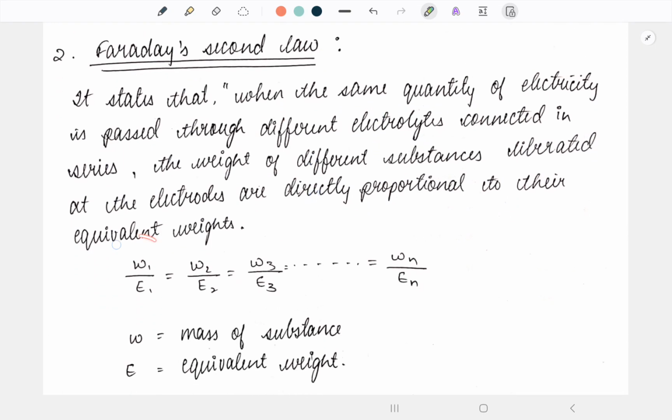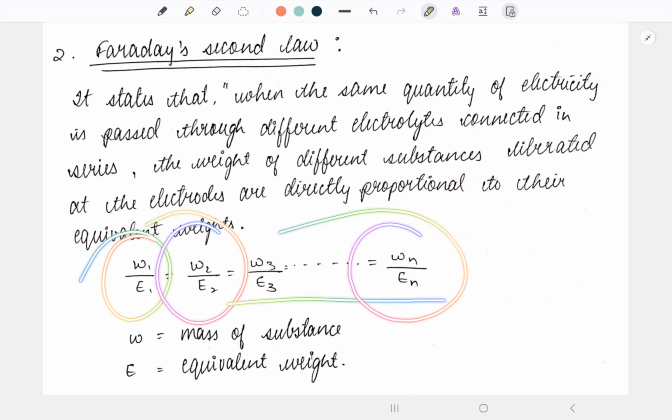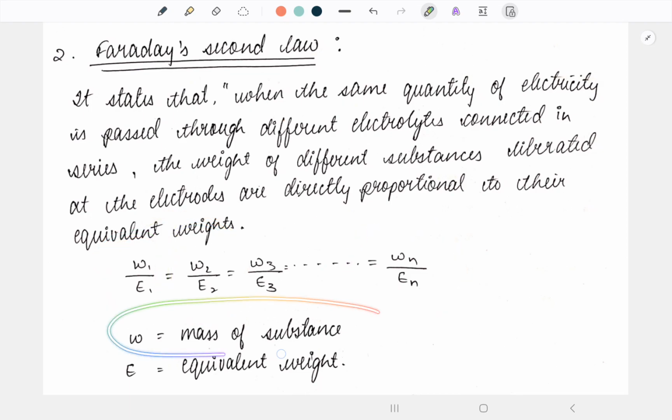So we get W1/E1 = W2/E2 and so on to Wn/En, where W is the mass of the substance and E is the equivalent weight. Here W by E is a constant for all the values, so they are directly proportional.